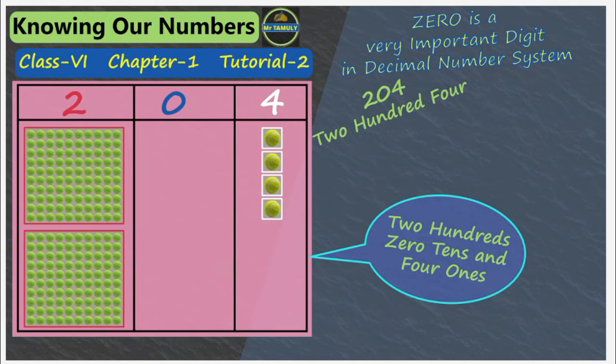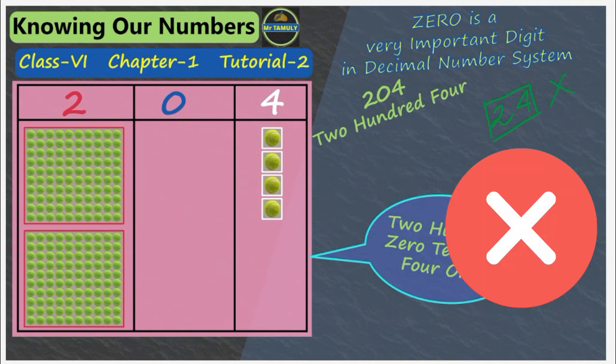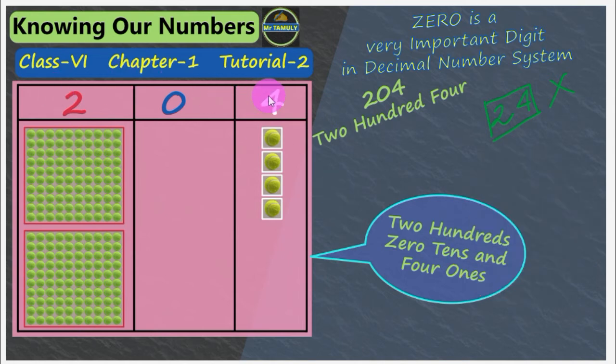If you just write 2 and a 4 to say that you have got 204 tennis balls, I'll think that you have got two sets of 10 balls plus 4 balls. That is 24 balls. That will be a mistake. So you must write 204.